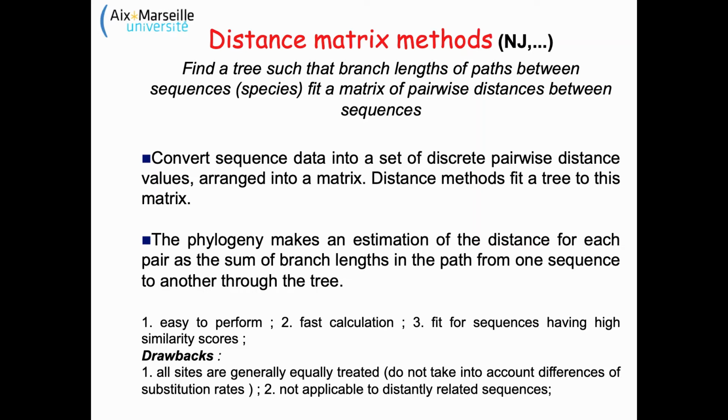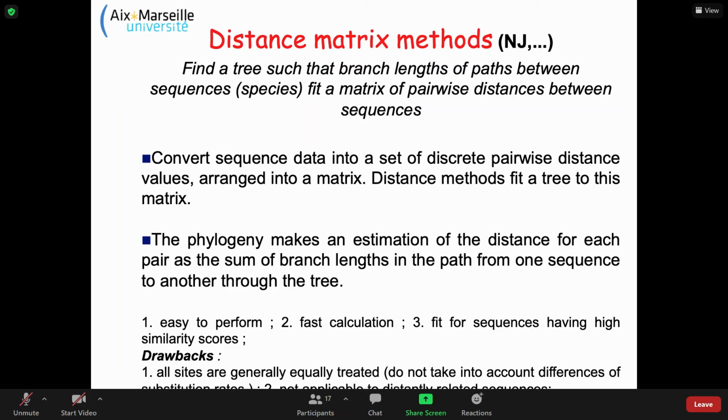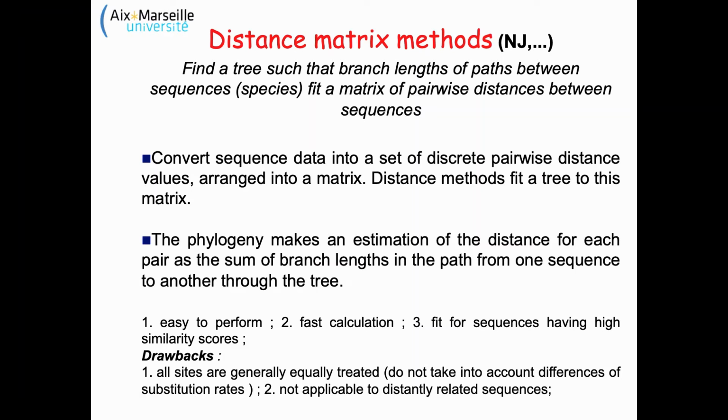Okay. And then I told you that you can have billions of trees behind. In the case of matrix methods, the tool finds the tree that has the least distance. It calculates the overall length of each tree, and at the end, the tree it gives you, the inferred tree, is the one which has the minimal length, if you sum up all of the branch lengths.